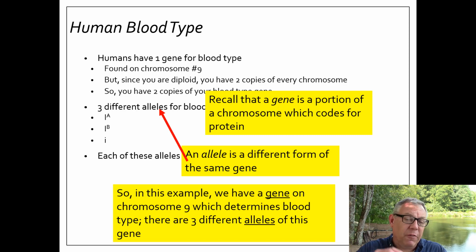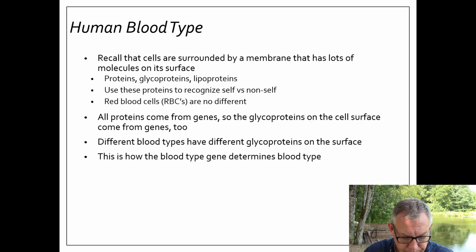But there are 3 different forms of this gene, and those forms are called alleles. It's by different combinations of alleles that we determine the different characteristics that you have. And in this example, the different combinations of alleles you have will determine what kind of blood type you have.